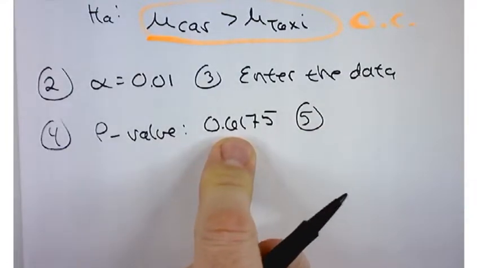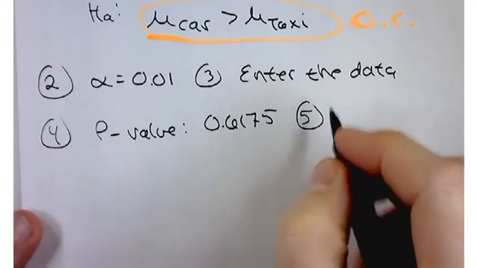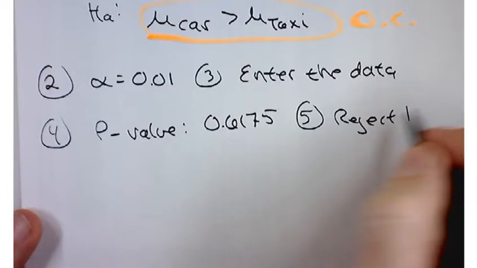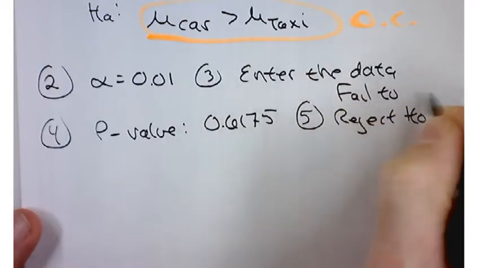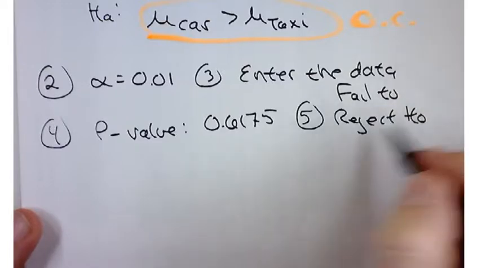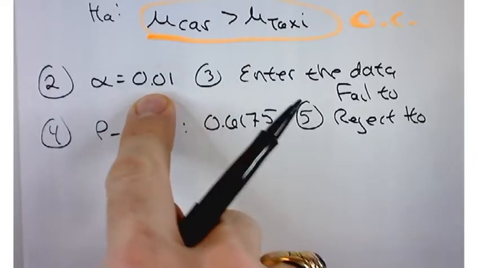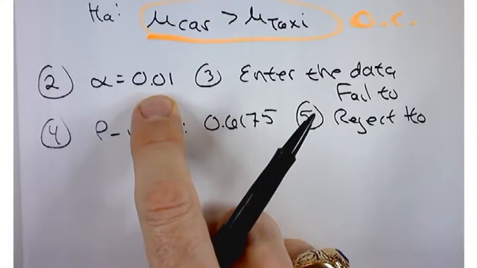Based on our p-value, based on our value of alpha, what do we get for step 5? Reject H0 or fail to reject H0? I've heard both. Fail to reject. Good. This is much bigger than alpha. So, yeah, fail to reject.